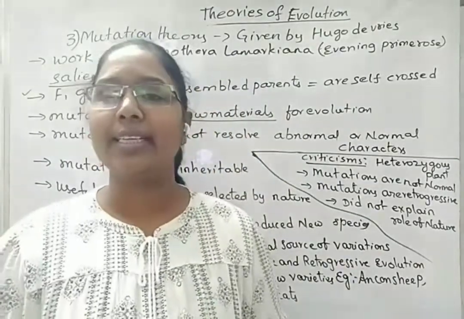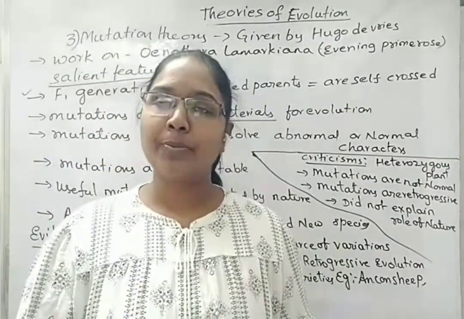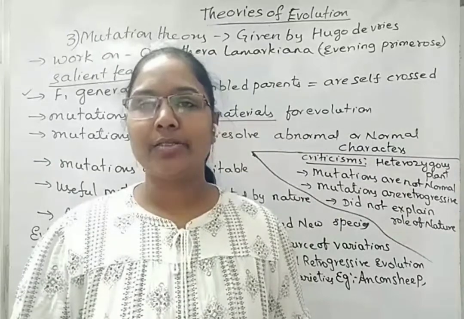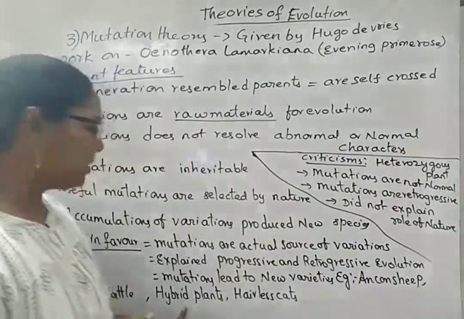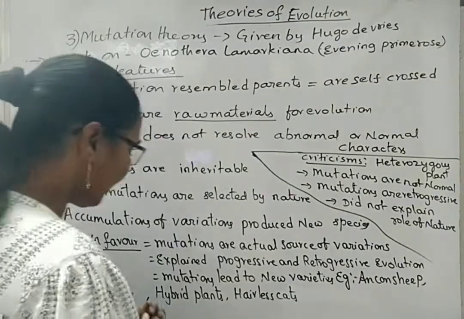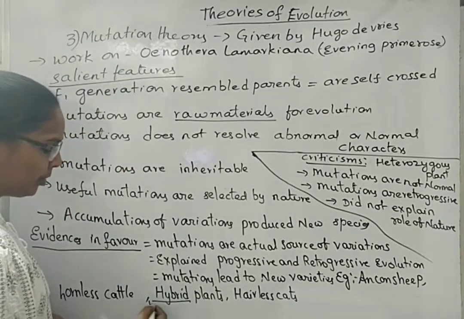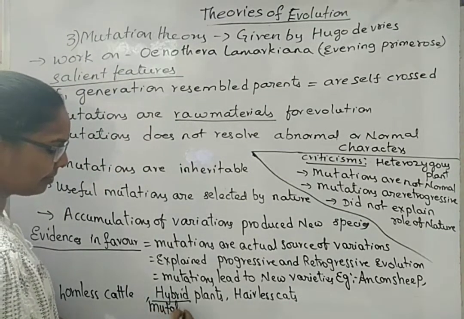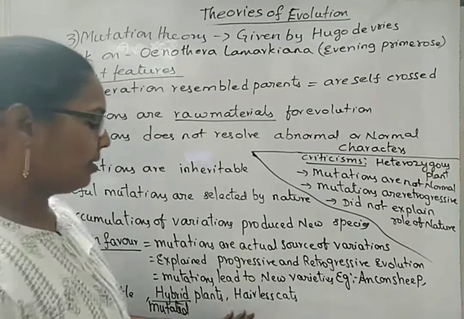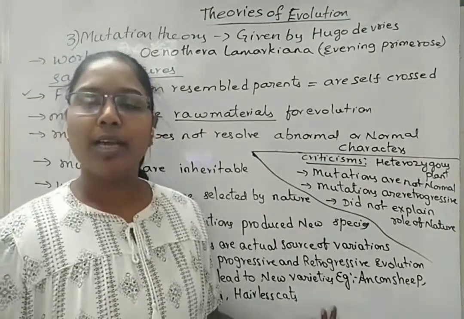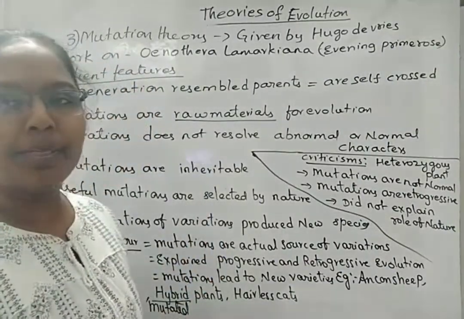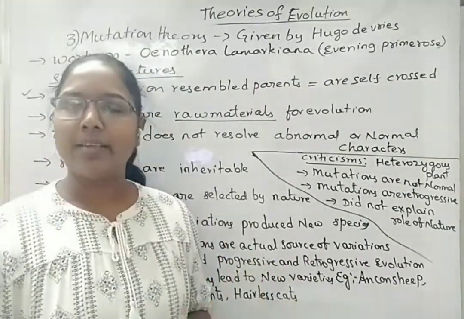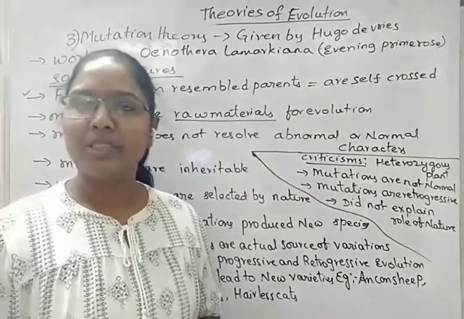For example, the axillary bud has been modified into thorn-like structures in bougainvillea, one of the best examples of hybrid or mutated plants. Next, mutation also led to the arising of hairless cats.